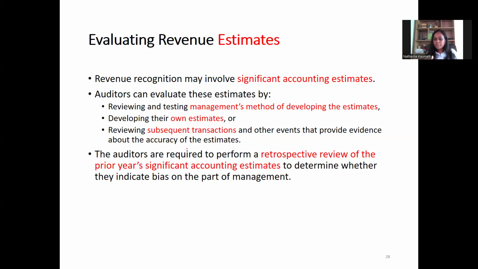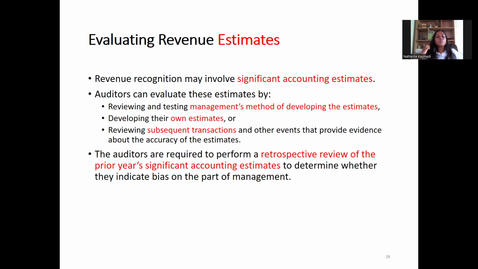Some events have occurred to test the reliability of the estimate. Now you have real-time data coming in slowly, so you can check whether the estimate is correct or not. Likewise, you are checking subsequent transactions. What has happened after that? You check the subsequent transactions and see whether it is correct.